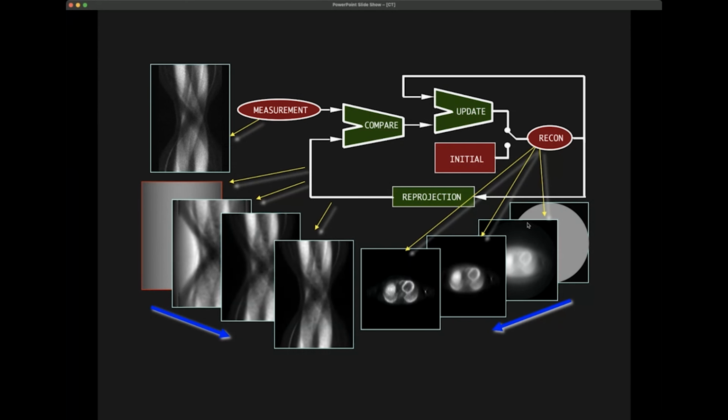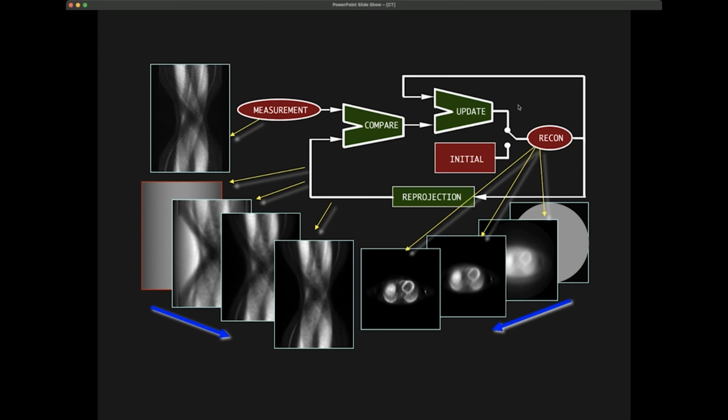So we have an update now. We say, okay, it wasn't this distribution, but maybe it was this one. And then you say, okay, let's measure this with our virtual scanner. Then we can get this sinogram. We can again compare and say, no, it's not good enough yet. Oh, it's better because it starts to look closer. It's not good enough yet. Let's update. And then we assume, okay, maybe this was the distribution that we measured. Again, we put this through the scanner and we get the next sinogram.